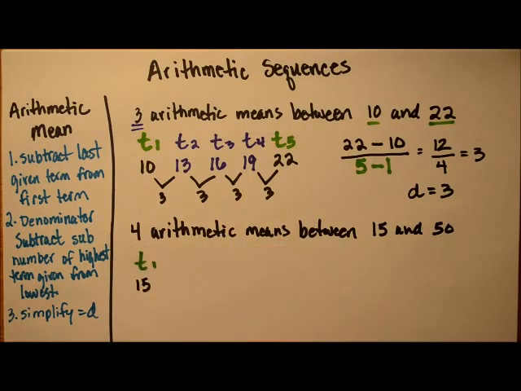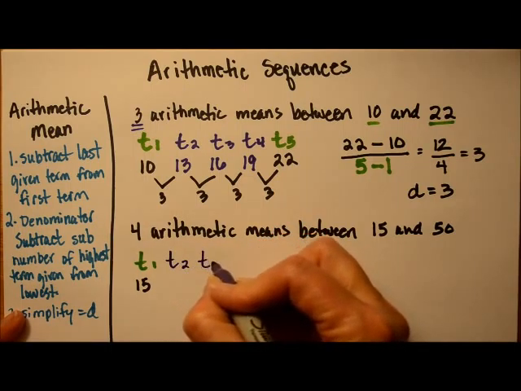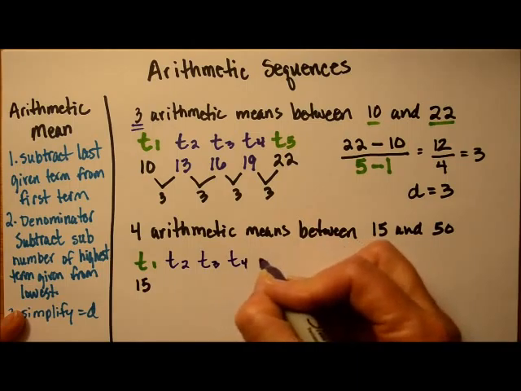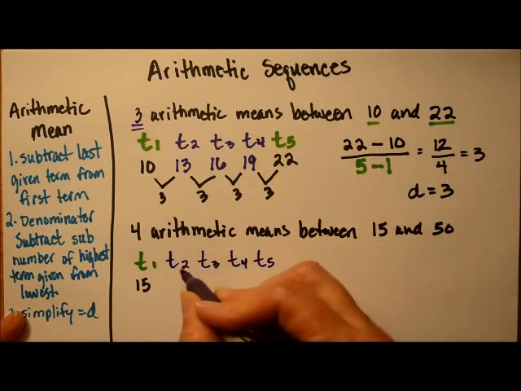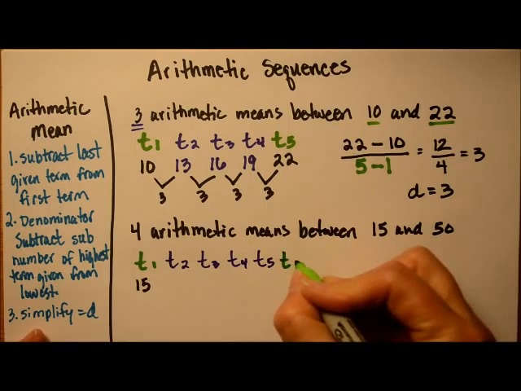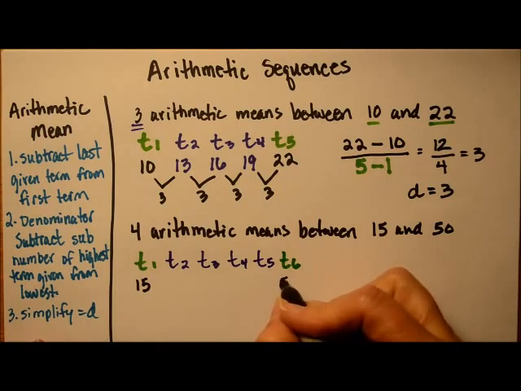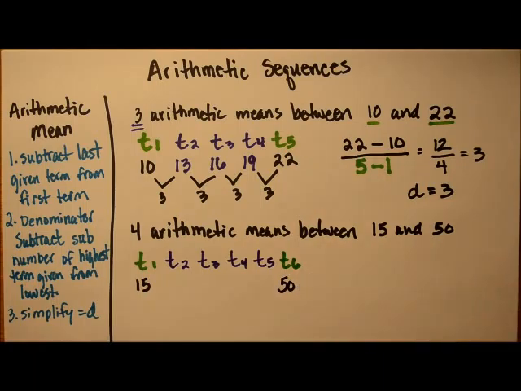This time they want 4 arithmetic means, so that means I have to go T2, T3, T4, T5, right? 1, 2, 3, 4. So that's what I need between it. And then I have T6, which is 50. So I need to find all those purple guys in between.